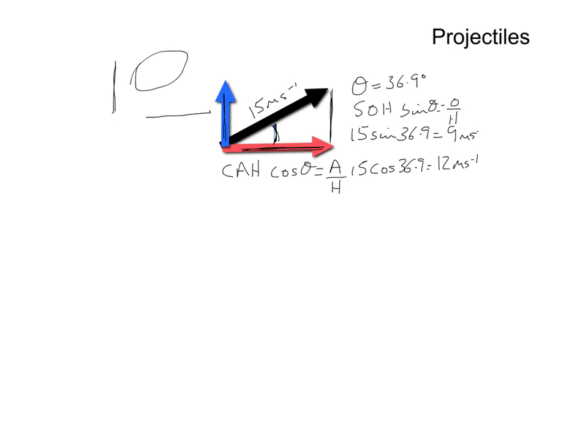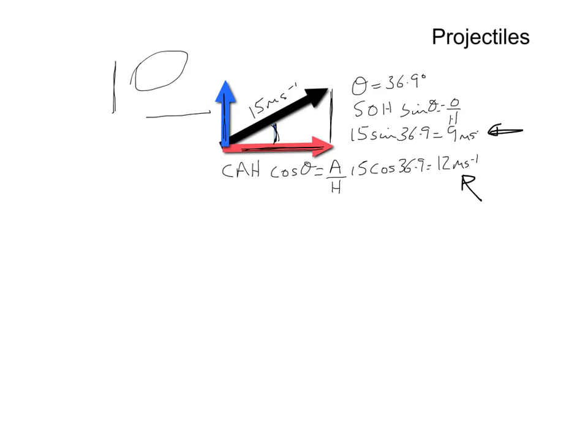Well, the initial part of the problem would be to split the 15 meters per second vector into its horizontal and vertical components, but we've already done that. So we can see that we worked out that vertically it had an initial velocity of 9 meters per second, and horizontally it had an initial velocity of 12 meters per second.